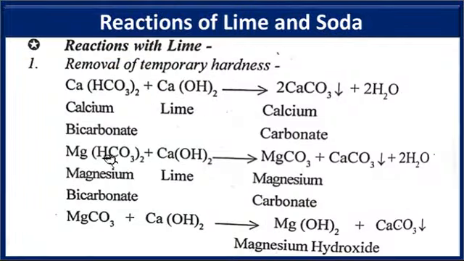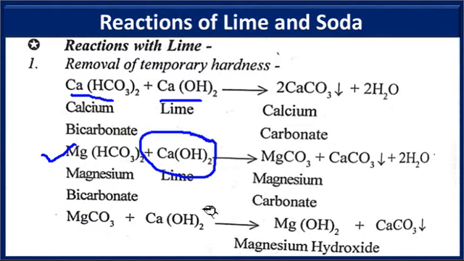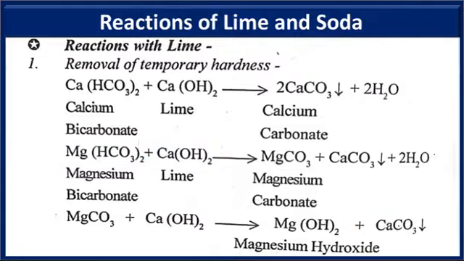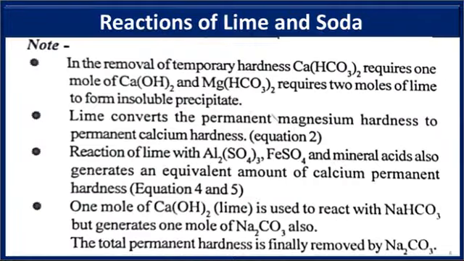Just see the reaction here. 1 mole of calcium bicarbonate requires only 1 mole of lime, but 1 mole of magnesium bicarbonate requires 2 moles of lime for its complete precipitation as magnesium hydroxide. So calcium bicarbonate requires 1 mole of lime, while magnesium bicarbonate requires 2 moles of lime.